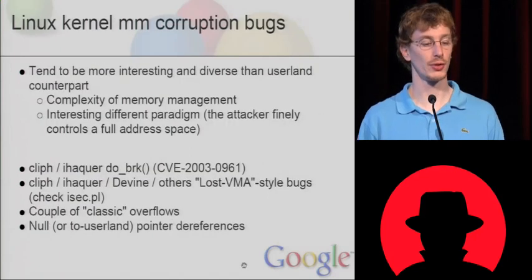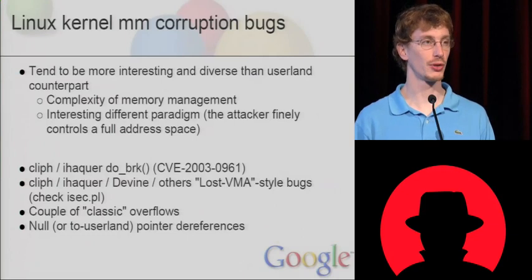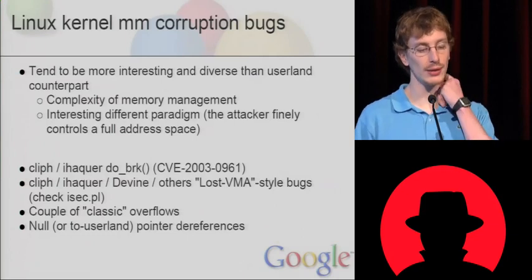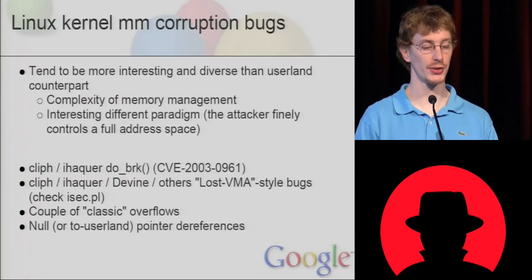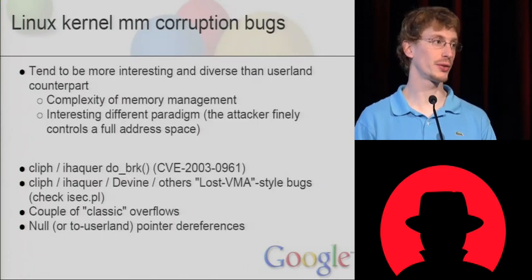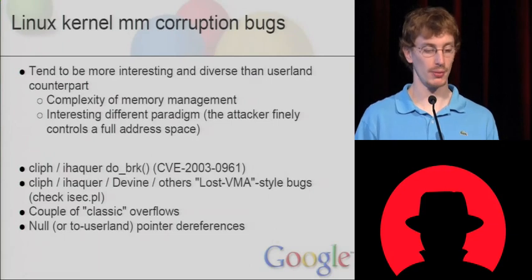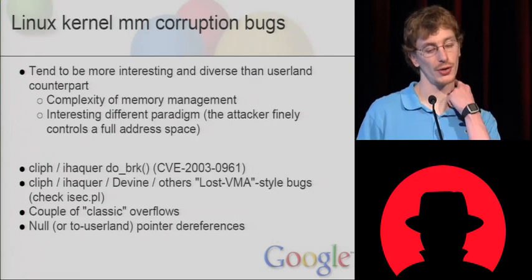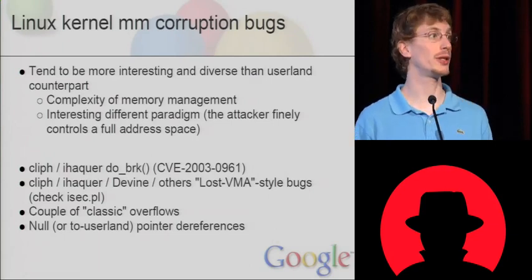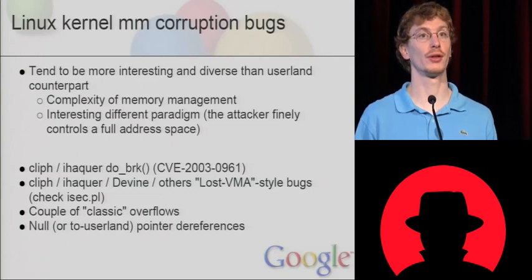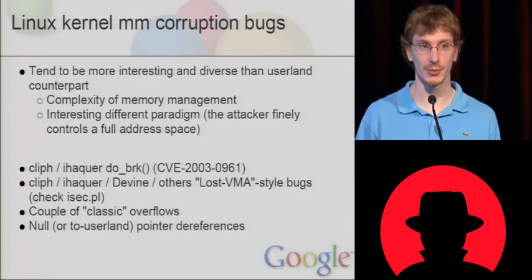And we've seen also memory management corruption bugs. They also tend to be more interesting and diverse than their userland counterpart, where it's almost always the same. This is due to, first, the complexity of the memory management, because of course the kernel is handling the whole memory management.